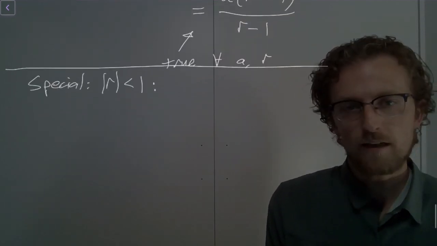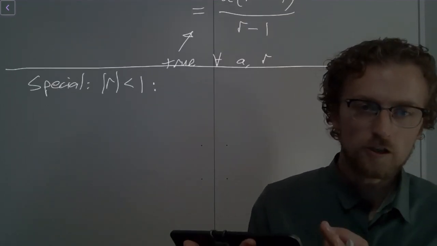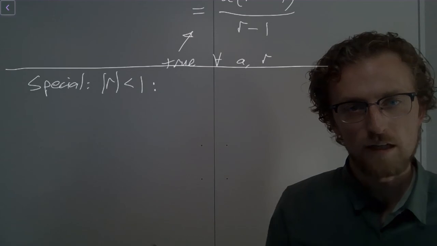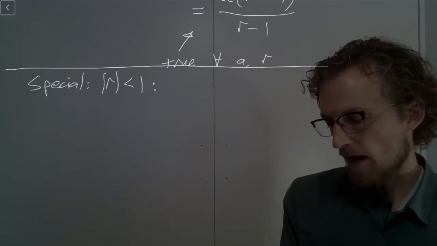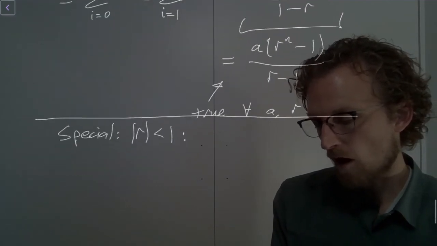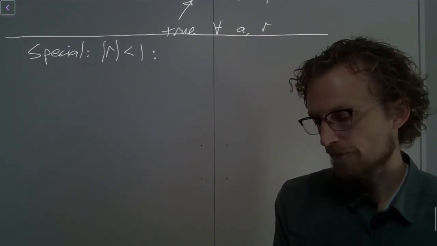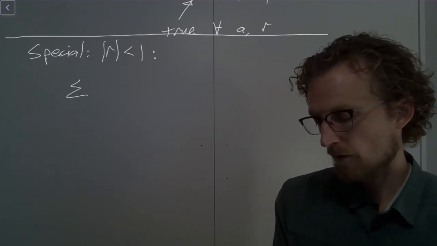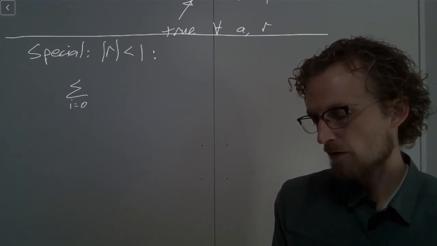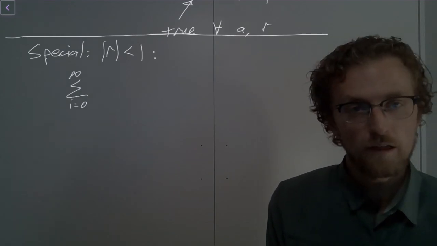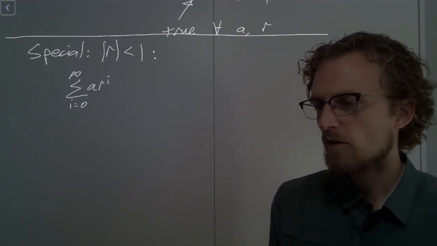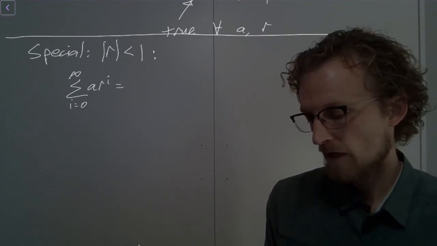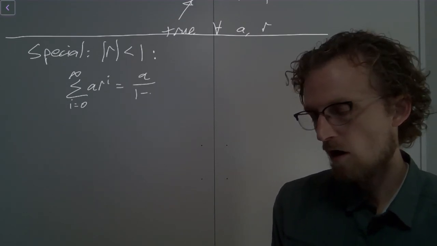I can actually add on infinitely many of these, and this thing converges to a nice limit. So if I have the absolute value of r strictly less than 1, then what I get is the following. The sum from i equals 0 to infinity, the sum with infinitely many terms in it, of a times r to the i simply equals a divided by 1 minus r.